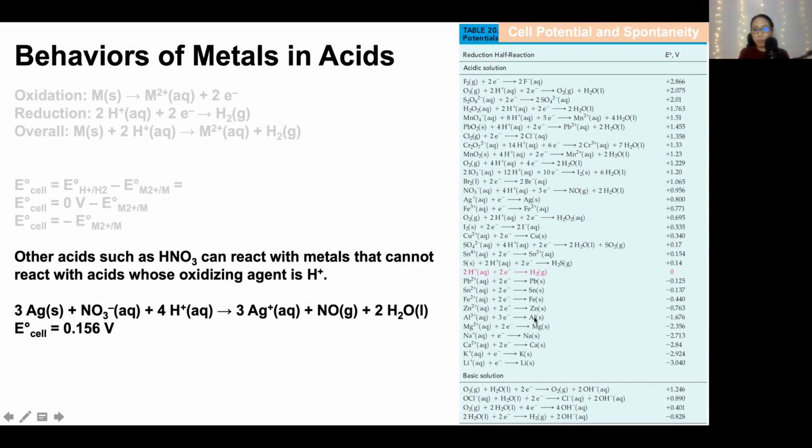So for example, if I have solid aluminum dissolved in a solution of lead 2, then that would be spontaneous, right?